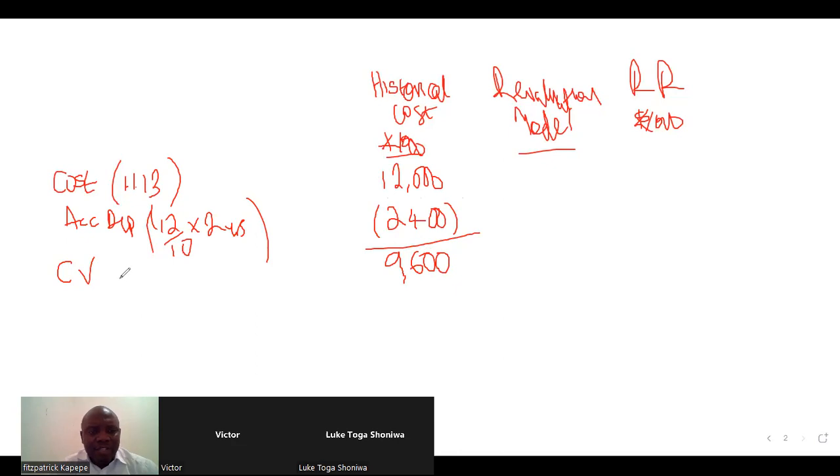At this date, when was that? It was on 31st what? 31st December 2014. At this date, we also revalued, isn't it?